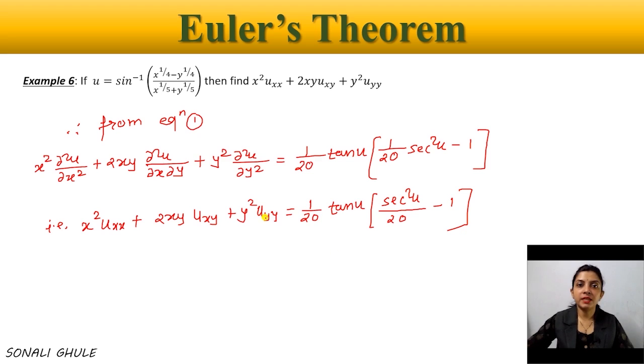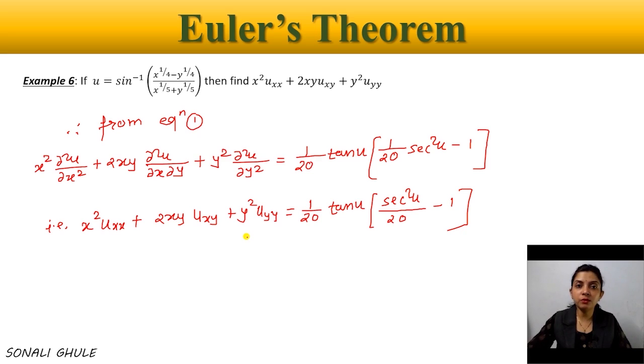Right? And for the second order relation, when u is homogeneous, all remaining three are deductions of this main statement. So x square dou 2u upon dou x square plus 2xy dou 2u upon dou x dou y plus y square dou 2u upon dou y square, when u is homogeneous, it is n into n minus 1 into u.